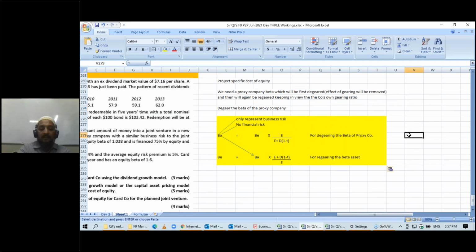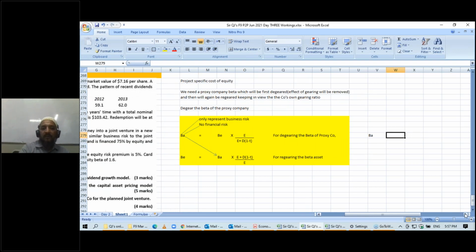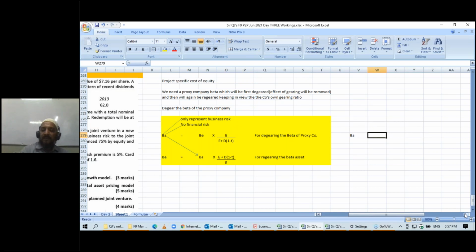So de-gearing means calculating beta asset. Beta asset means only business risk remains. Beta asset is the beta ungeared. Ungeared beta means no financial risk effect, only the business risk is in there, right? And BE means beta equity. It is the geared beta. So the proxy company's geared beta is 1.038, right?